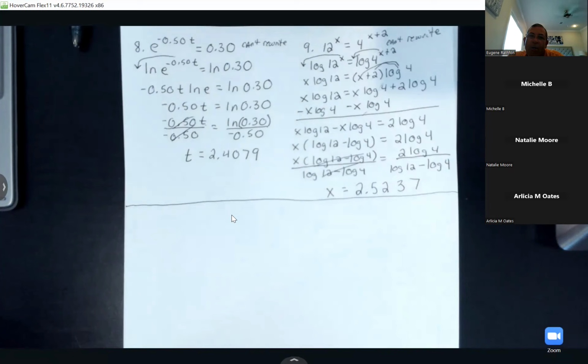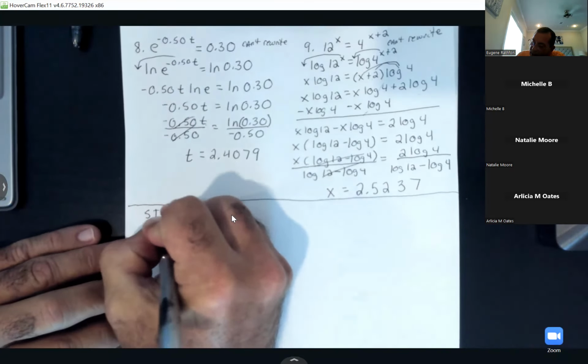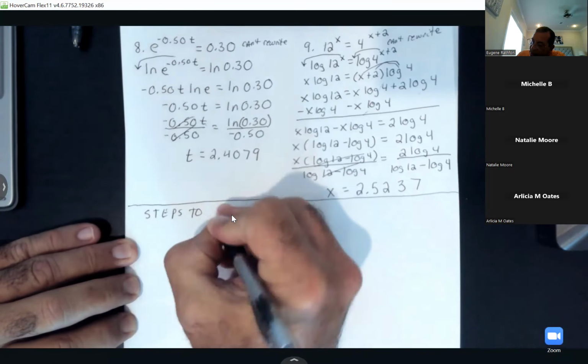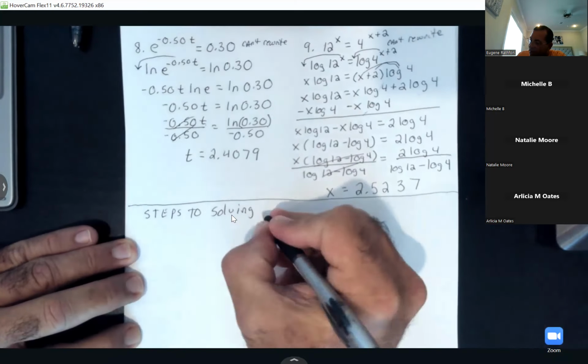So that was solving exponential. Now we need to figure out the steps to solving logarithmic.